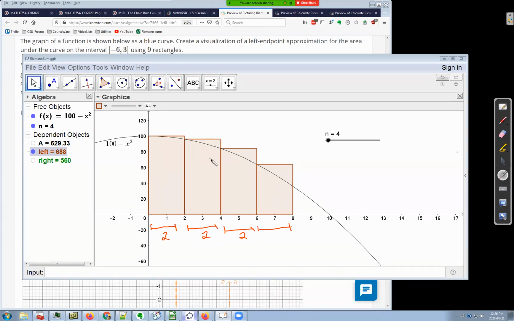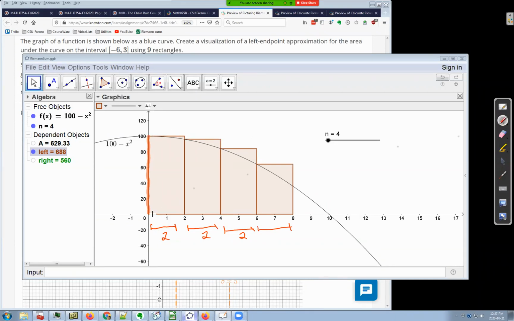And so what's interesting this time is if you look at this rectangle, this time the height is determined by the left side of the rectangle. So I hope you see that the height of this first rectangle, it's where the left side of the rectangle touches the function.